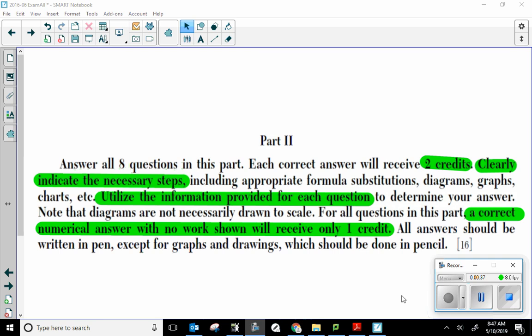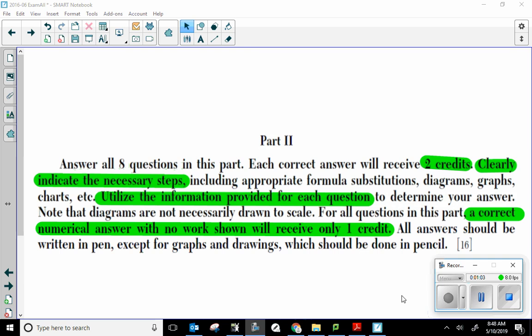So let's, as we always do, start part 2, the new section, by reading the directions. Answer all 8 questions in this part. For each correct answer, you will receive 2 credits. Clearly indicate your necessary steps, including appropriate formulas, substitutions, diagrams, graphs, charts, etc. Utilize the information provided for each question to determine your answer.